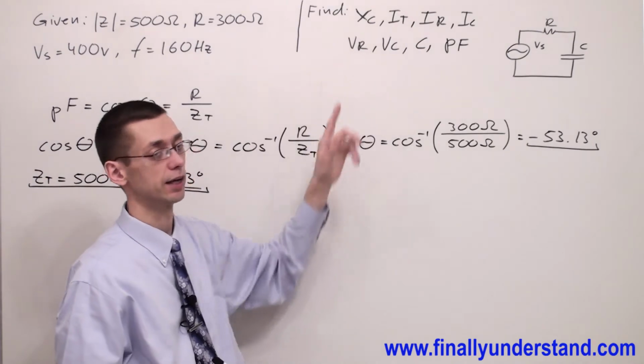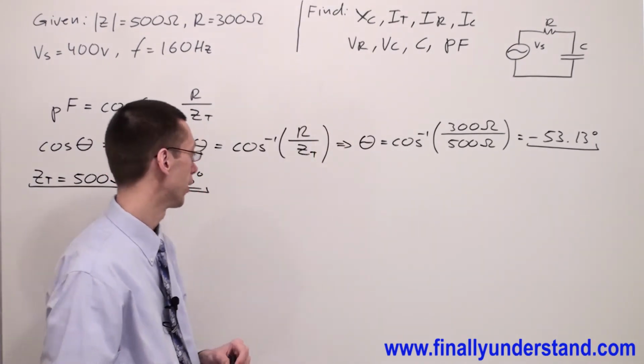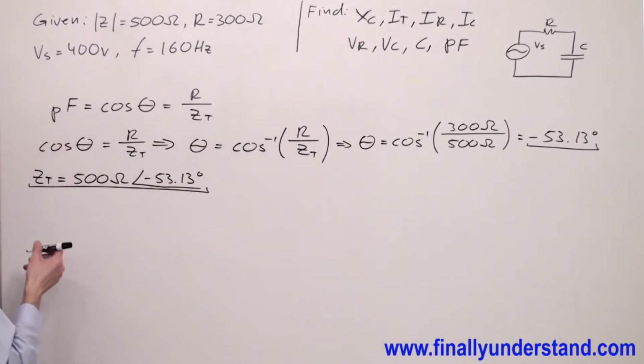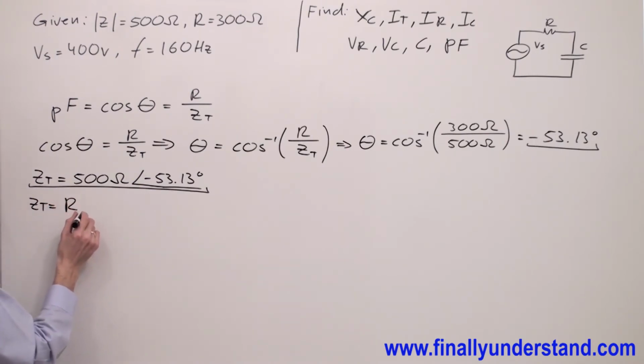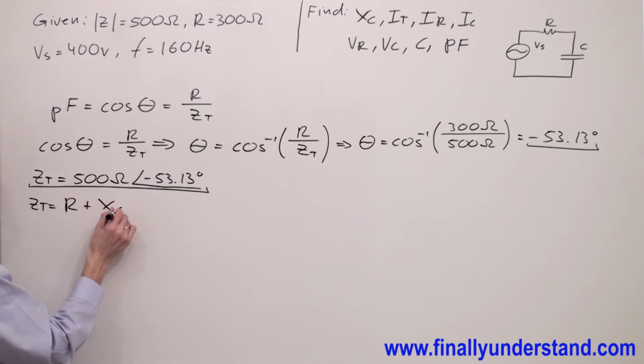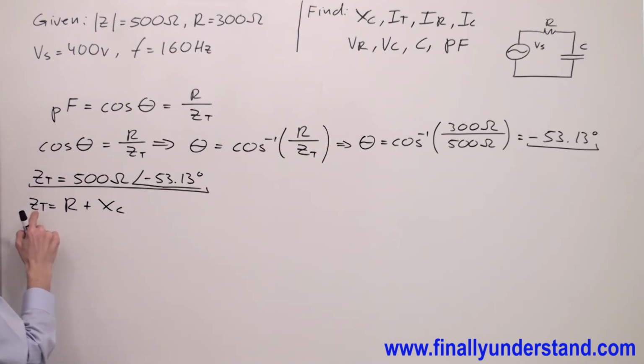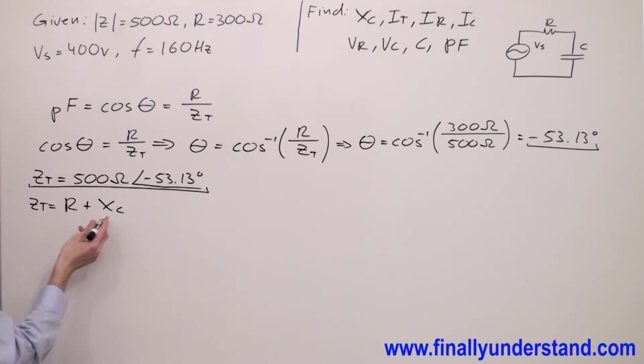I have to find X of C. How can I do that? You're supposed to write the formula for Z total. Okay, so Z total is equal to resistance plus X of C. I have been given resistance, I found Z total, so I can use just simple algebra to find X of C.